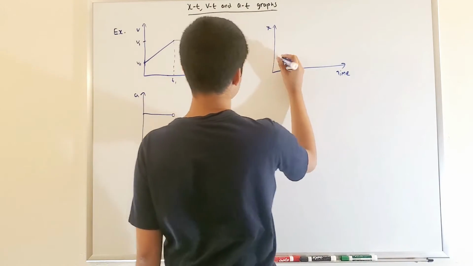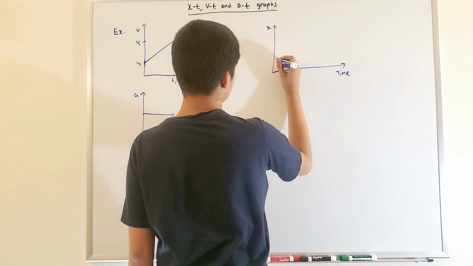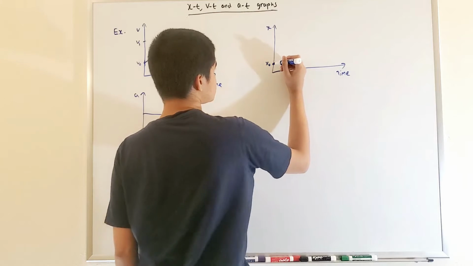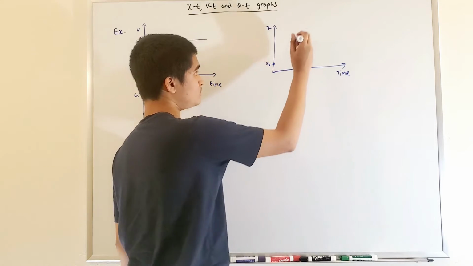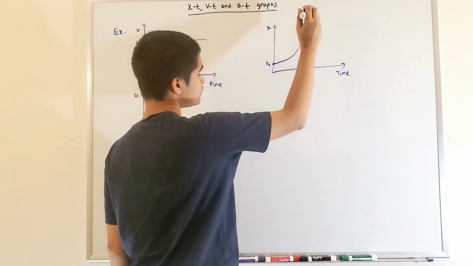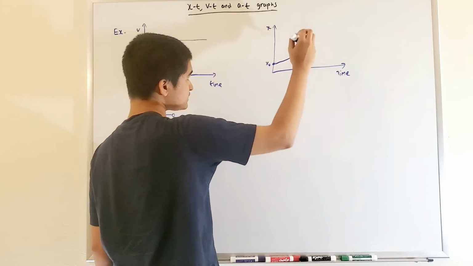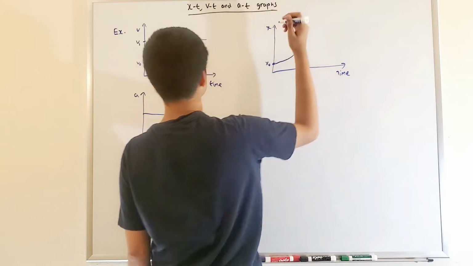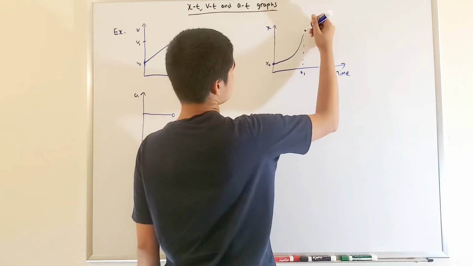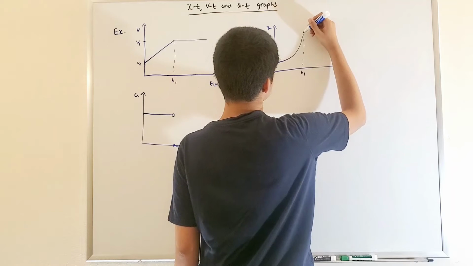So let us say that it starts off at some displacement, x0 over here. So what's going to happen is that the object is going to undergo a parabolic path with respect to time like this. And once time t1 comes around, the object will continue to move in a straight line.